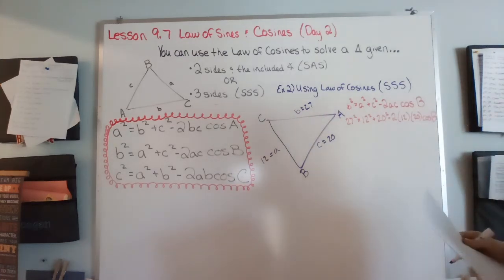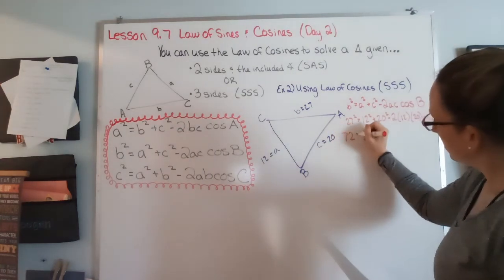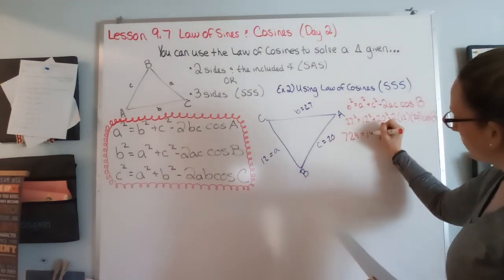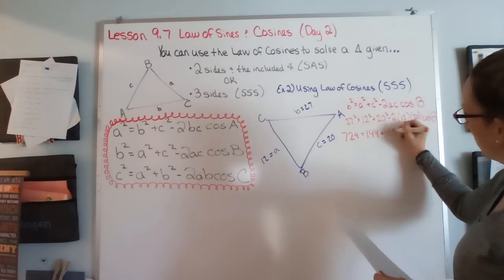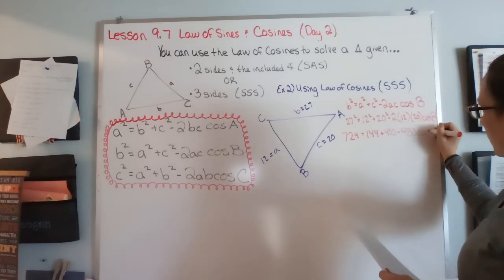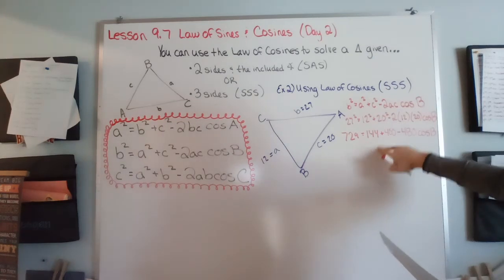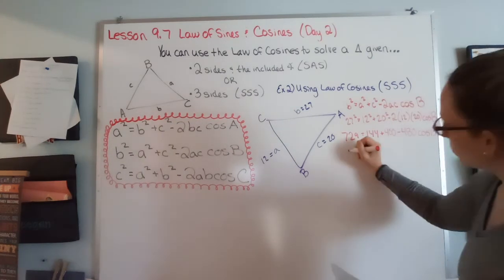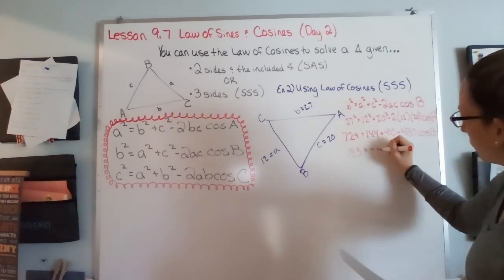Cleaning up and simplifying it a little bit, I have 729 equals 144 plus 400 minus 480 cosine B. All right. When you add and subtract to the other side, you're going to be left with 185 is equal to negative 480 cosine B.